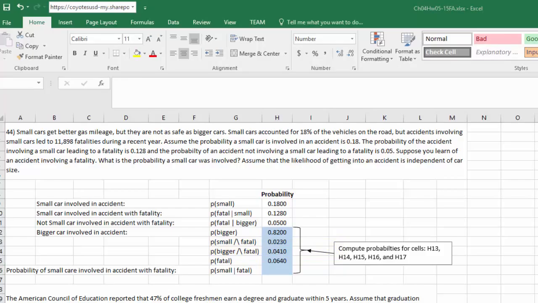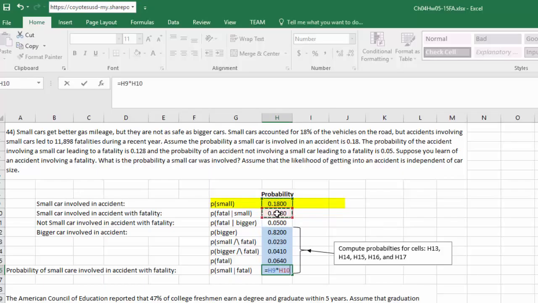And finally, we're going to take a look at the probability that it was a small vehicle given it was a fatal crash. This one's a little trickier. To do this, we take the probability that it's a small car involved in an accident times the probability it was a small vehicle involved in a fatal accident.